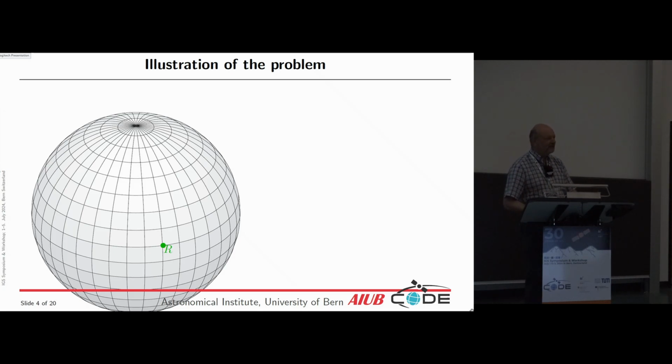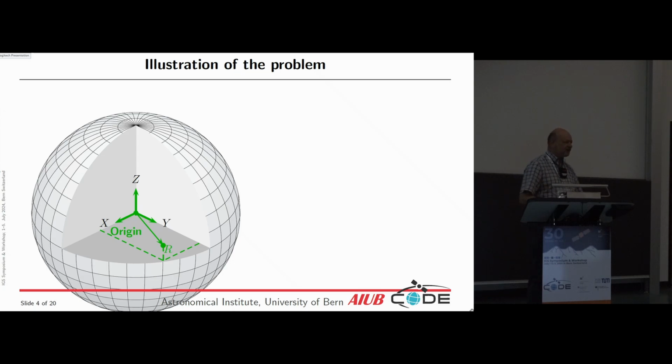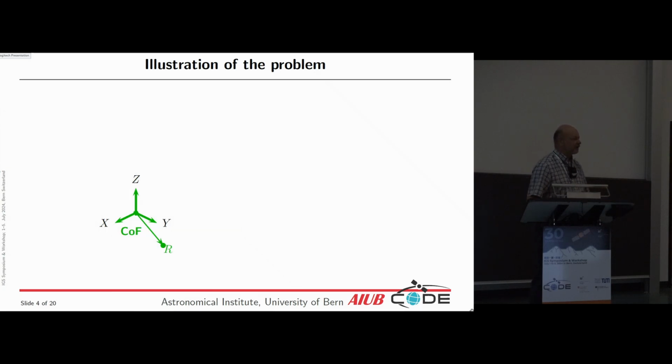So the theory: we have a point at the surface of the Earth that we want to describe with coordinates. These coordinates have to be relative to an origin that is stable in time, otherwise I get variations in the coordinates that just come from variations of the origin. So from this, it's a center of figure-based origin.